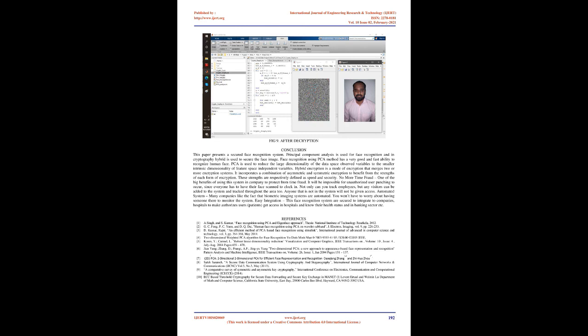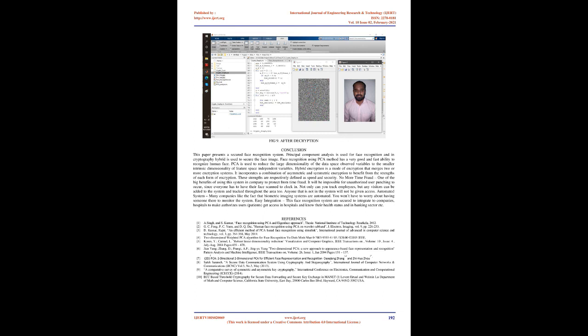PCA is used to reduce the large dimensionality of the data space (observed variables) to the smaller intrinsic dimensionality of feature space (independent variables). Hybrid encryption is a mode of encryption that merges two or more encryption systems. It incorporates a combination of asymmetric and symmetric encryption to benefit from the strengths of each form of encryption. These strengths are respectively defined as speed and security.